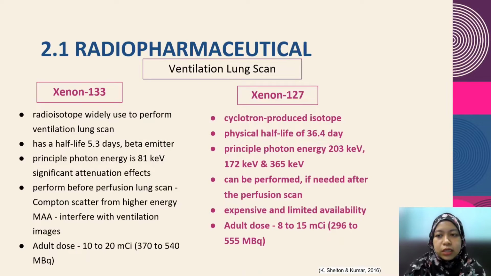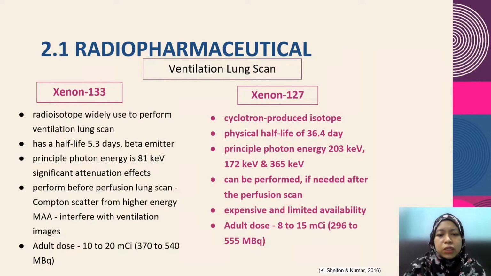Next, xenon 127. Xenon 127 is a cyclotron produced isotope with a physical half-life of 36.4 days. The principal photon energies are 203 keV, 170 keV, and 367 keV.